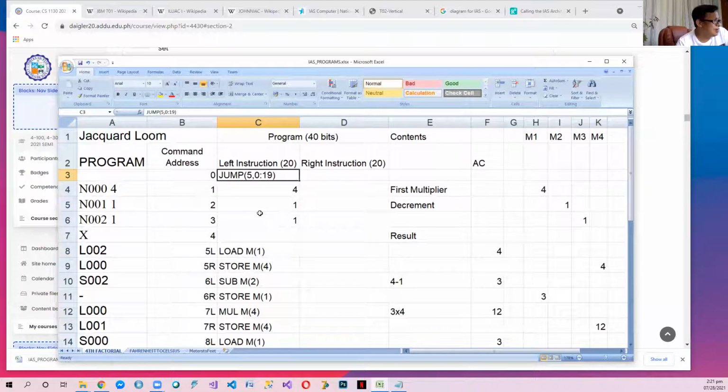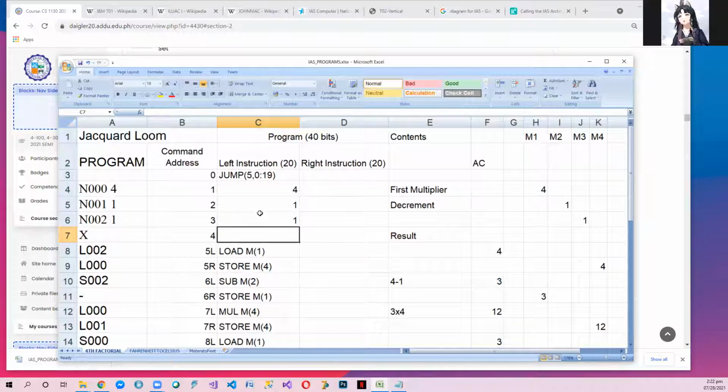Why? If we don't have a jump here, the CPU will process this as instructions. But these are not instructions. 4, 1, and 1 are not instructions. These are data. These are variables. Do you get my point?